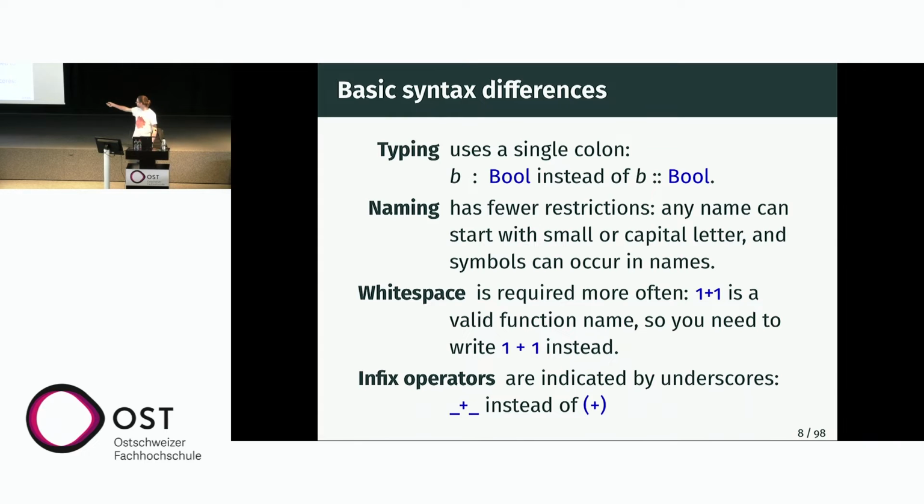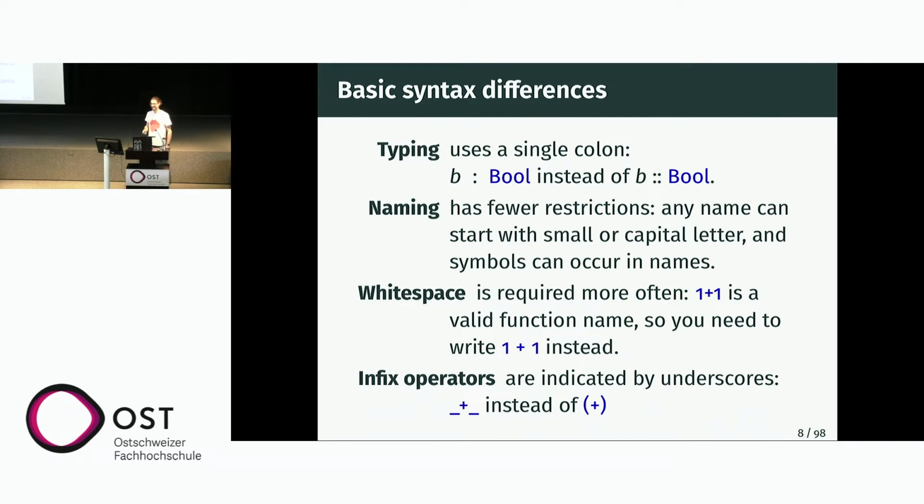One more small difference is that if you want to refer to an infix operator without providing the arguments, in Haskell you would write parentheses around it. In Agda, we write underscores instead to indicate where the arguments should go. So if you want to refer to plus by itself, you write underscore plus underscore, without spaces.